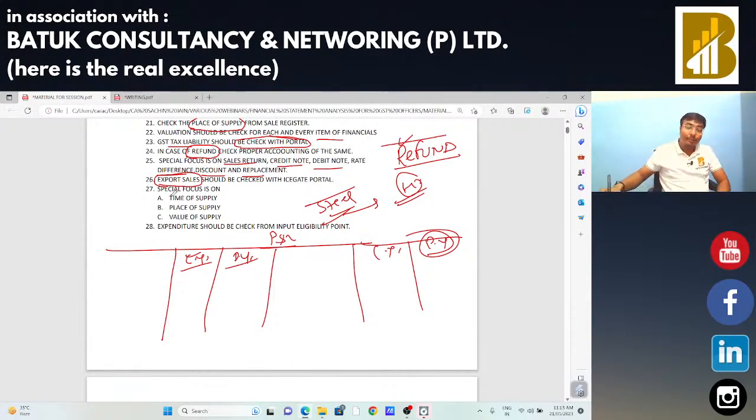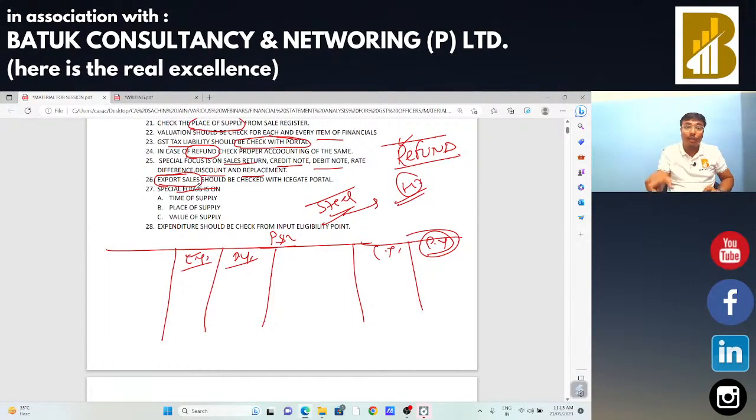Okay, sir. Next, special focus on time of supply, place of supply, value of supply. Sir, when you are doing the analysis of financial statement, when you are checking the terms of that financial statement, you need to check that the time of supply is perfect, the place of supply is perfect, and value of supply is perfect.